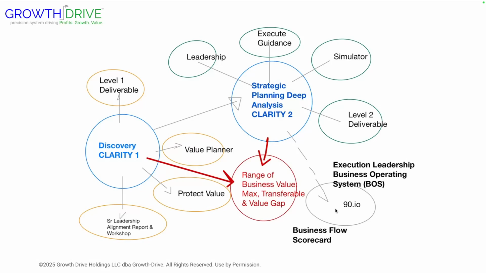Okay, so you can very, very efficiently imagine what I'm talking about here. It's less than an hour to do Clarity 1. If you're just doing it with the CEO, let's say 2 hours, including some robust conversations, to complete Clarity Level 2. And then to stand up an instance in 90.io is the push of a button. How efficient is that? How much more time do you now have to do rather than plan, to do rather than think, rather than analyze, rather than interview clients, right?